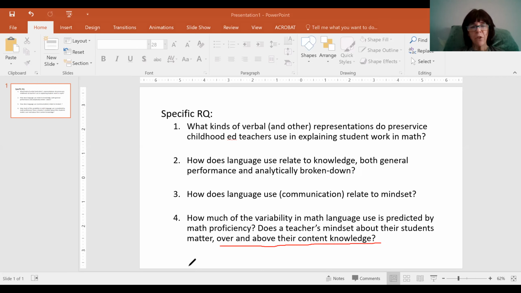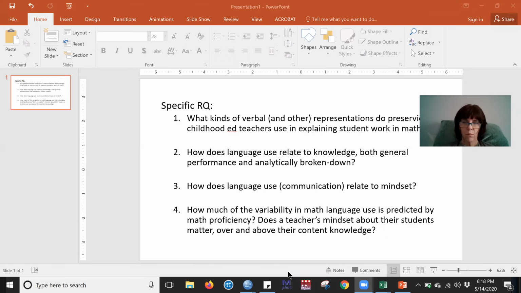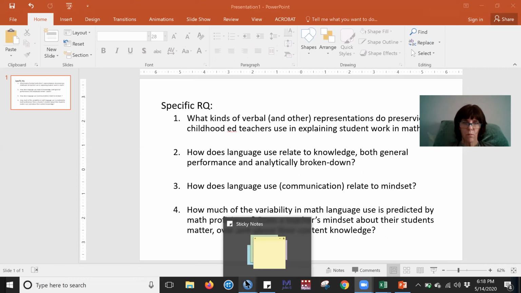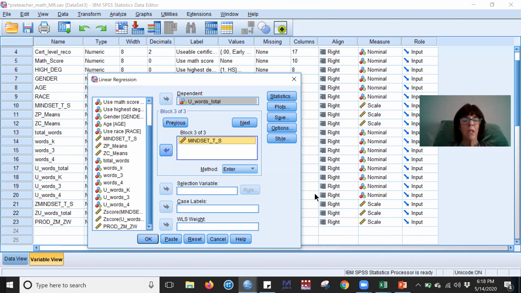So after you've thought about or found out about how well you can predict language use from everything you know about their knowledge, does mindset contribute any more explanatory power? So that's how you enter the variables in these different blocks.